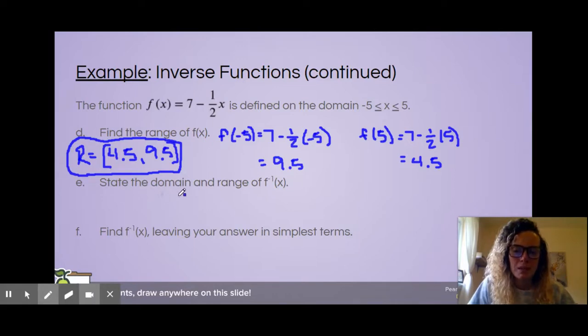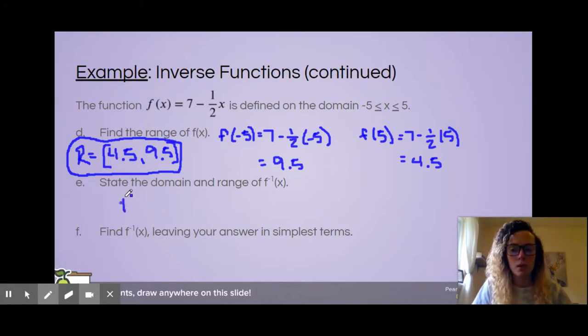For part E, they're asking us to state the domain and range of the inverse. Remembering from last week, in general with inverses, you're switching x's and y's all the time. In any type of inverse situation, that's what you end up doing. So if I have the domain and the range of my original function, they're just going to flip-flop for my inverse.